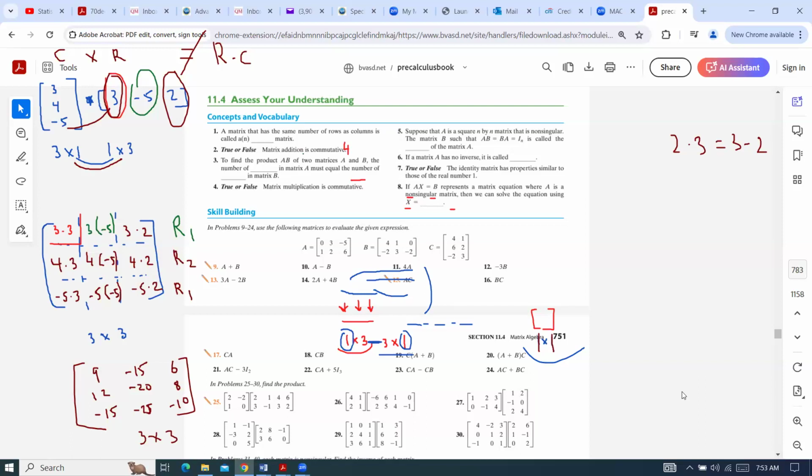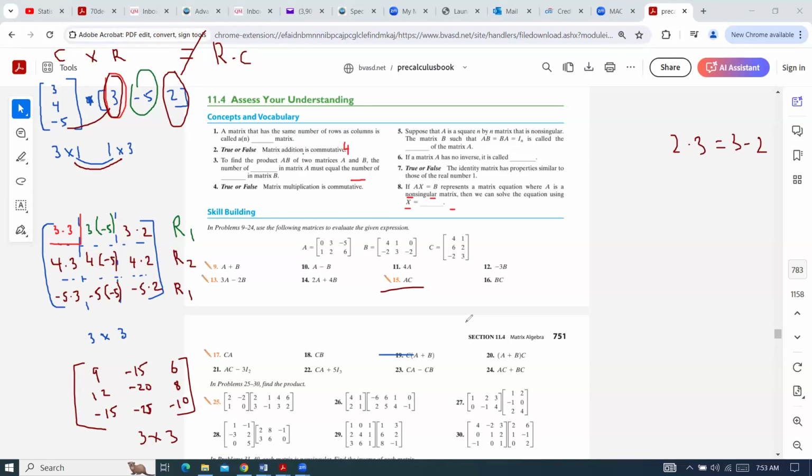So section 11.4, we have various little exercises here. The first group of problems is asking to deal with 3 matrices, and it wants me to add, subtract, and multiply them, maybe by some numbers or various constants. I'm sure you could add and subtract without me, but problem number 15 would tell you to find AC.